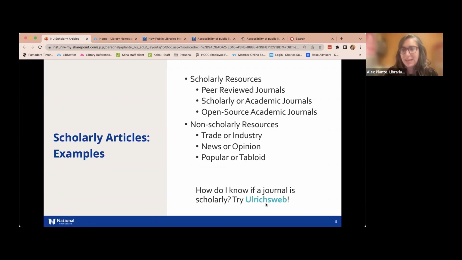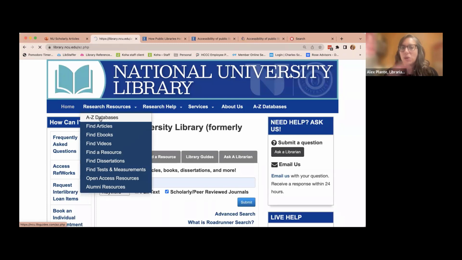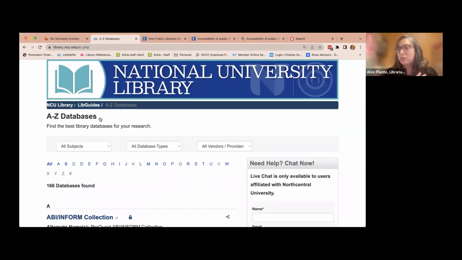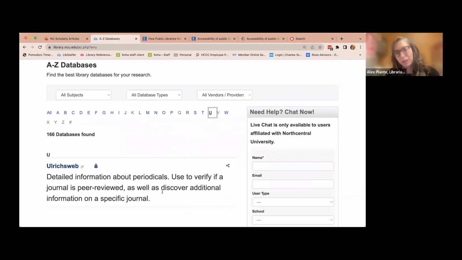And I understand. But the nice thing is, when you come back to our library website and you go into our research resources, we organize all of our databases according to the English alphabet. And the lovely thing about naming your database with a U is that you tend to be the only database available under that letter.